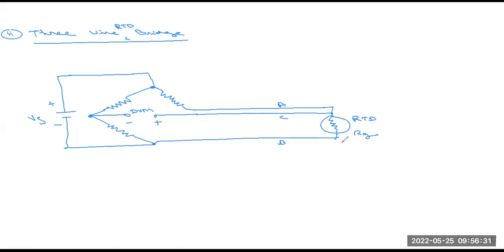Here one chart is also available. This resistance of the RTD is particular, so you have to follow this table. The resistance follows these temperatures. So this is the basic circuit of the three-way RTD.